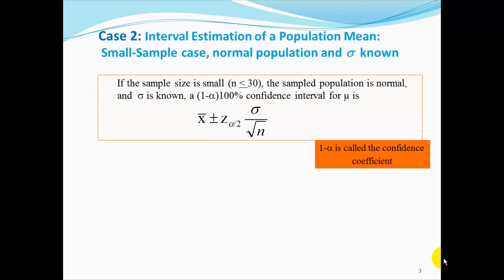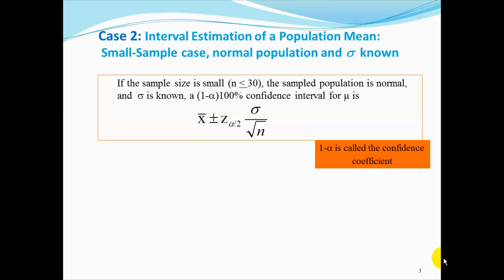For our second case, if you have a small sample case with a normal population and sigma is known, we use the same formula. We should note that for a large sample case, it is not necessary that we know that the original population is normal, because the central limit theorem allows us to assume that x bar is normally distributed.